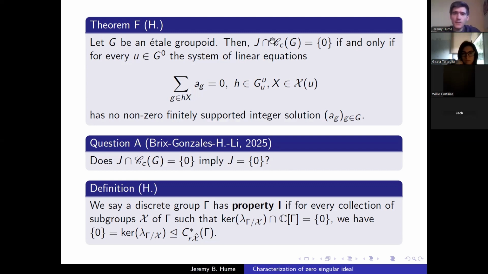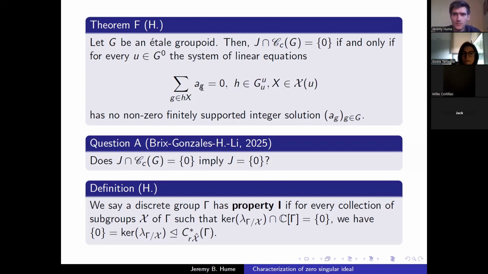So the singular ideal intersect curly C is zero if and only if for every unit, the following system of linear equations has no non-zero finitely supported integer solution. Here, these AGs are a variable for each groupoid element, for each group element in the isotropy.